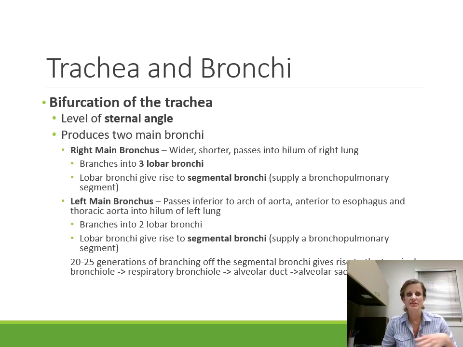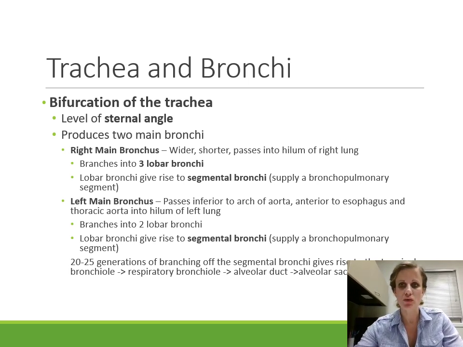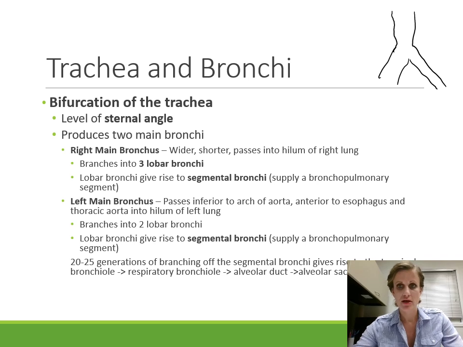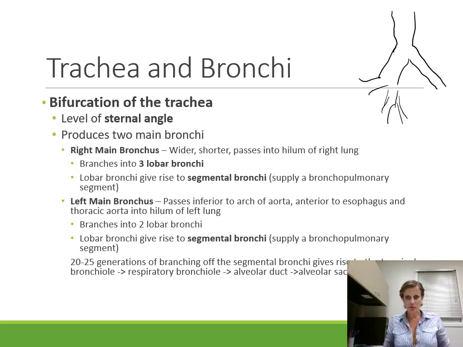Okay, so this is really just describing the whole bronchial tree. The bronchial tree includes the tubes that carry air down into the chest, and then to each lung, and then within each lung, they carry air to each of the bronchopulmonary segments, and then eventually to each alveolar sac, okay, so to the lung tissue.